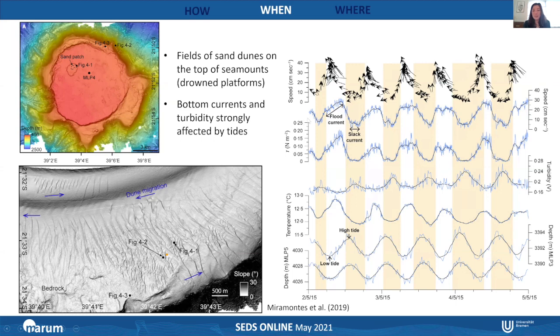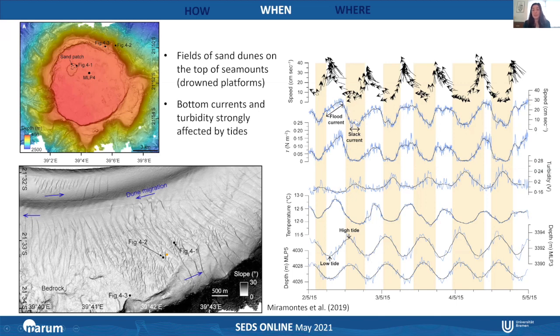And in these measurements, we have here the speed of the current and also the turbidity measured near the seafloor, and the temperature. So what we saw, there were huge changes in the velocity at tidal cycles. And there are some periods of time where there is almost no current, almost zero. And then sometimes it increases to 40 or even more.